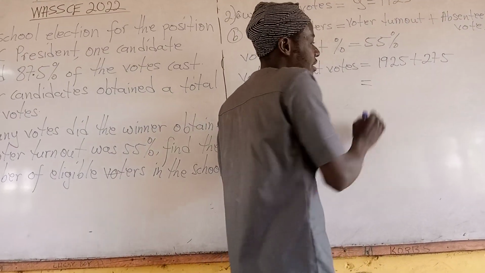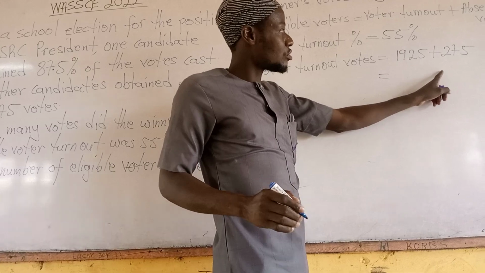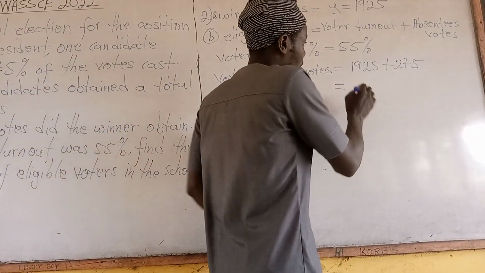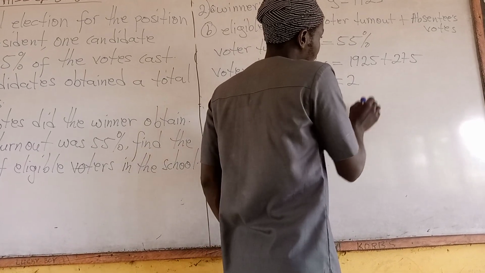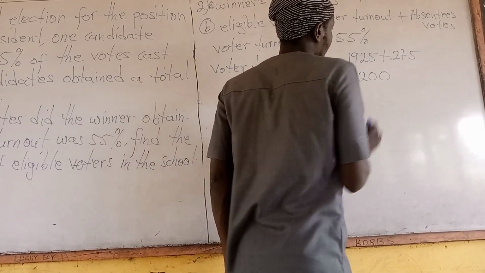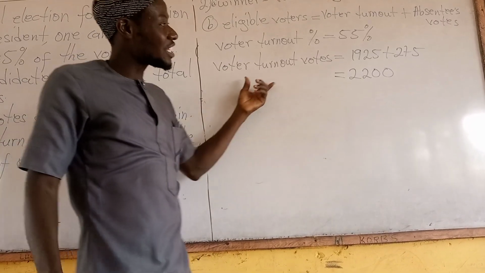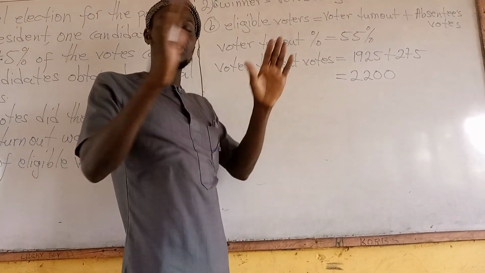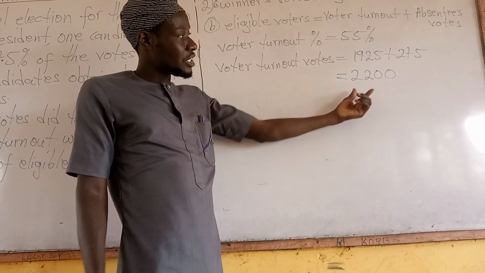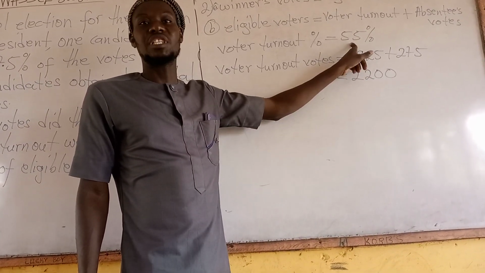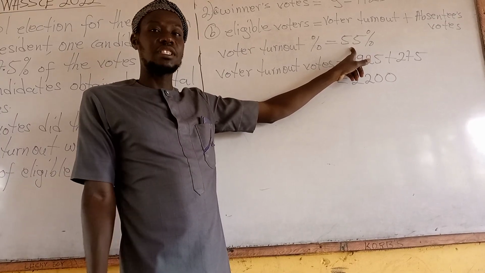Now adding this, this plus that, will give us 2,200. And so the voter turnout votes, that those who voted in the election, are 2,200. And this 2,200 represents 55% of the eligible voters.